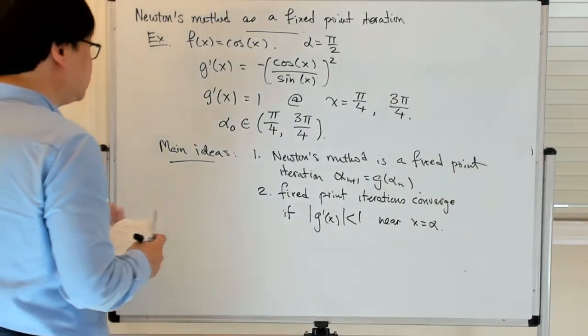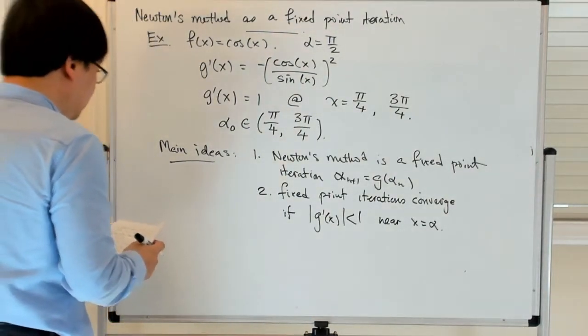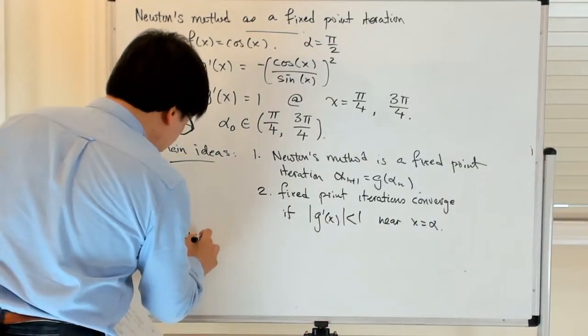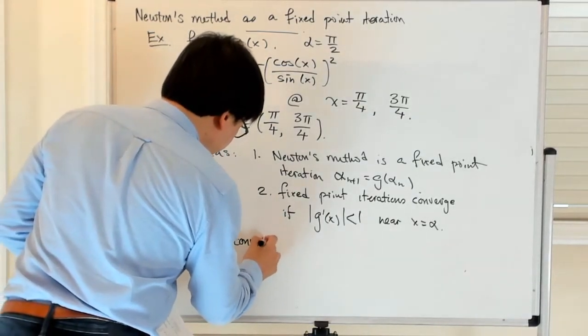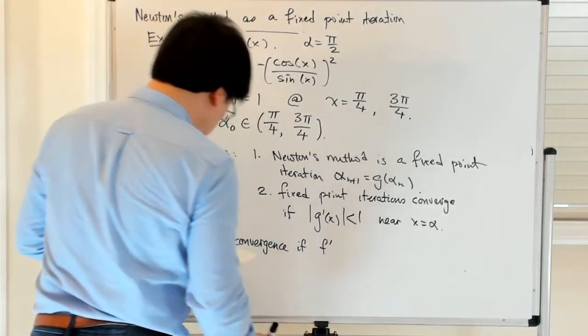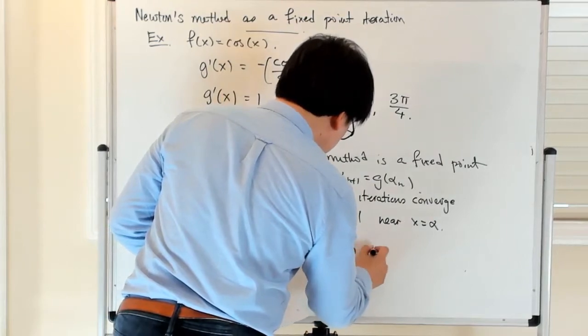So what basically happens is that you have quadratic convergence of Newton's method if the derivative of f at alpha is not equal to 0.